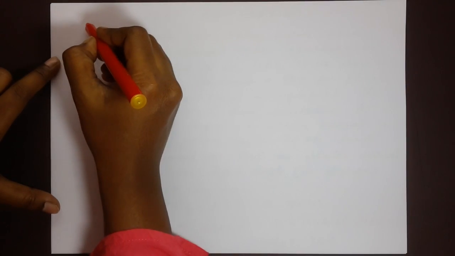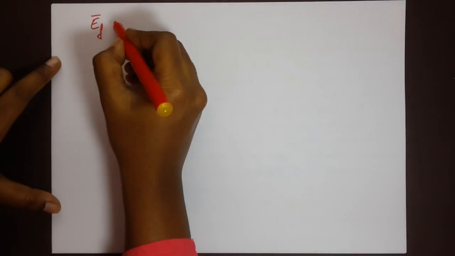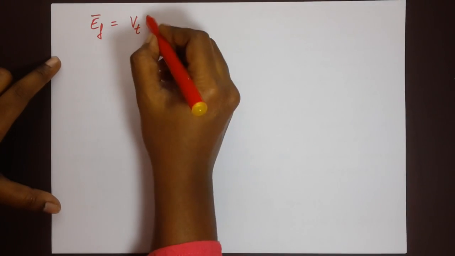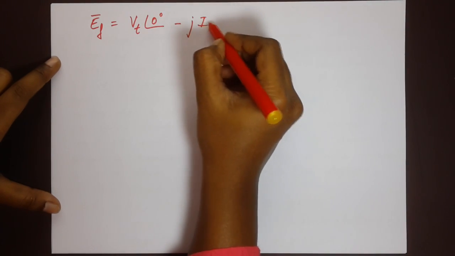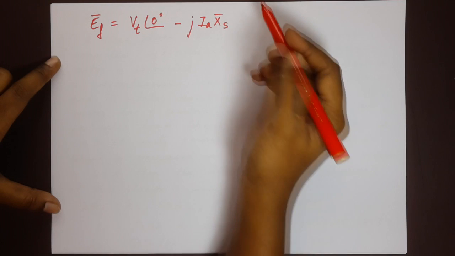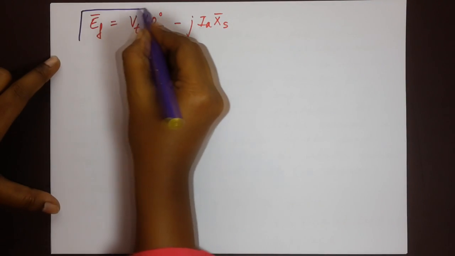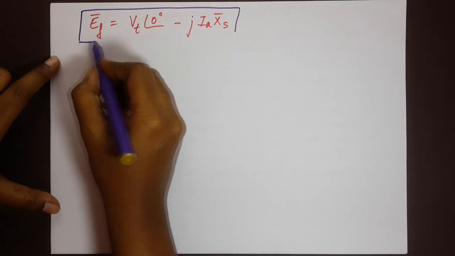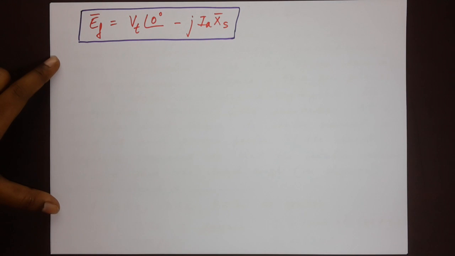The field excitation is given by the equation EF bar is equal to terminal voltage minus jIaXs. Please make a note of this equation, quite important. This is the field excitation equation.